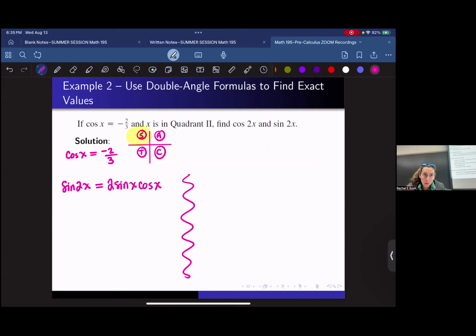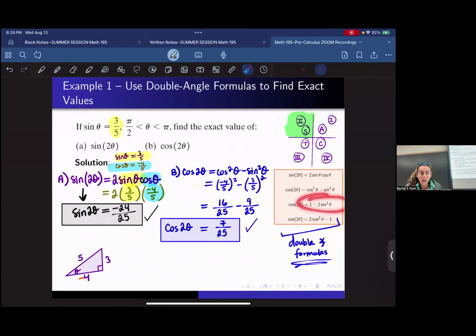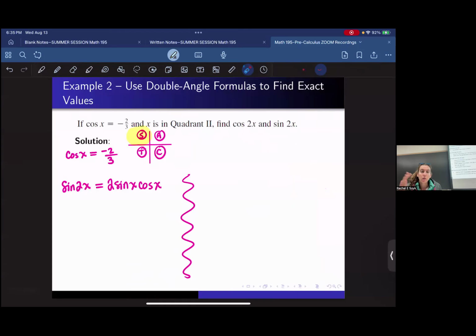In our last example, we did cosine squared x minus sine squared x. Why don't we use that second condition now, which is 1 minus 2 sine squared x. And then maybe in a future example, we'll do the third one, 2 cosine squared minus 1.